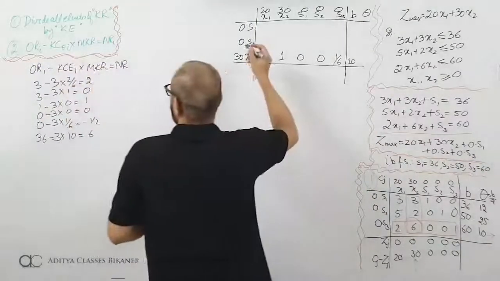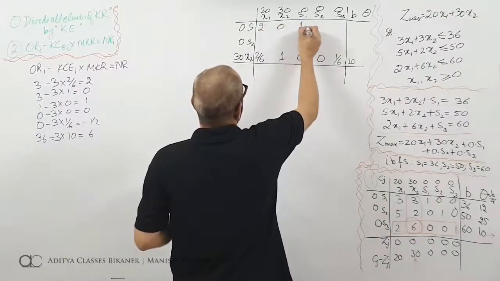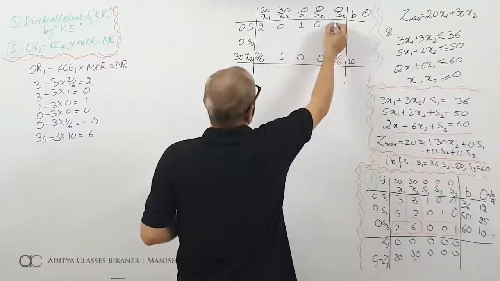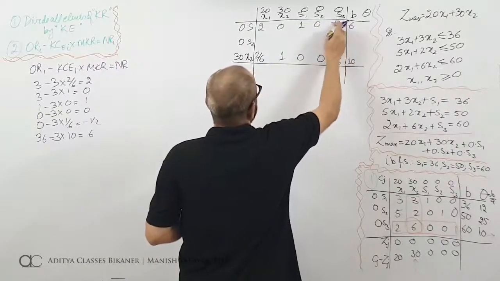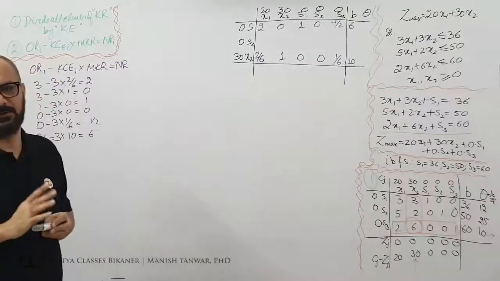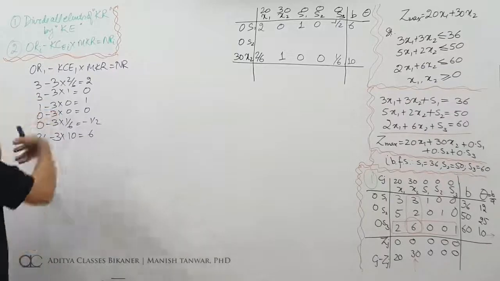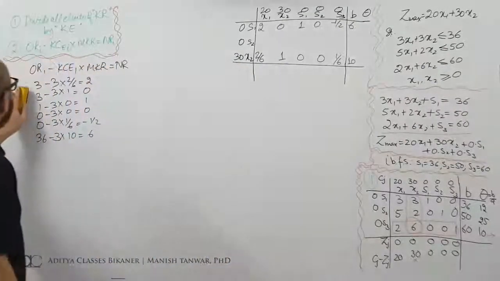What are the values? 2, 0, 1, 0, minus of half, and then I have a 6. It might look lengthy, but it is so simple that I can transform a row so easily.